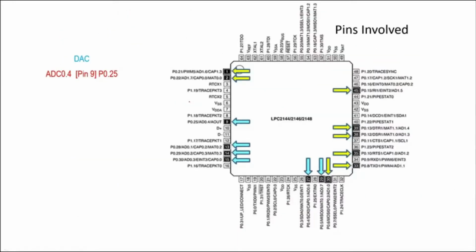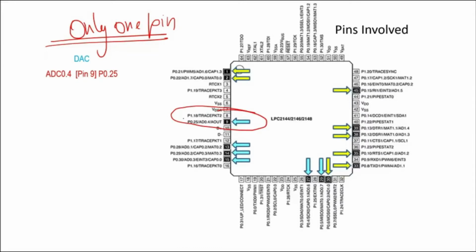Coming back to the pins involved in the DAC, there is only one pin in the digital to analog converter, that is pin number 9. You can call that pin number 9, or you can call the same pin port 0.25. Port 0, 25th pin is the digital to analog converter.